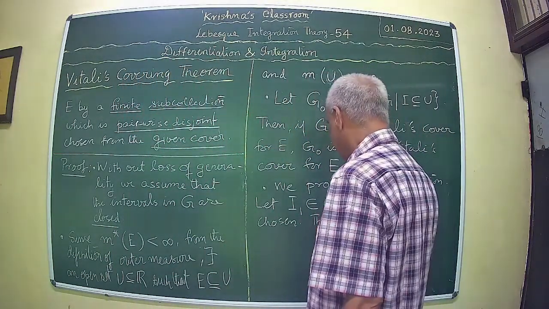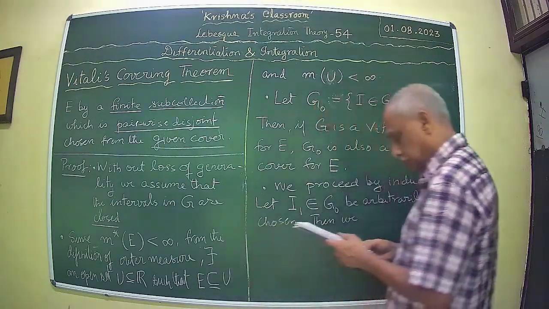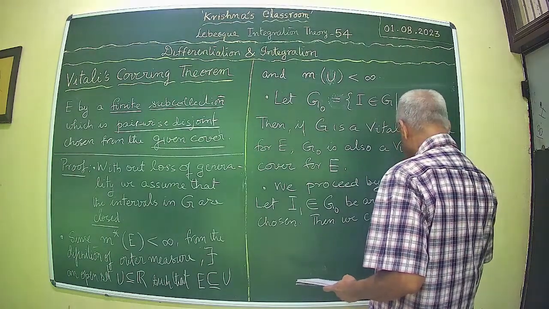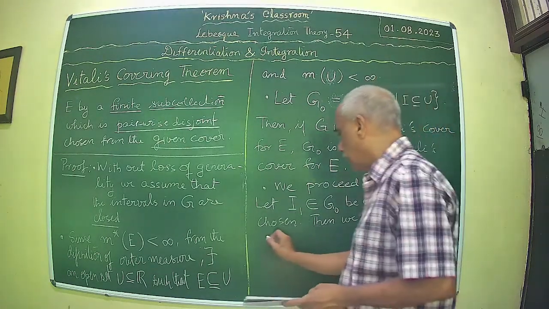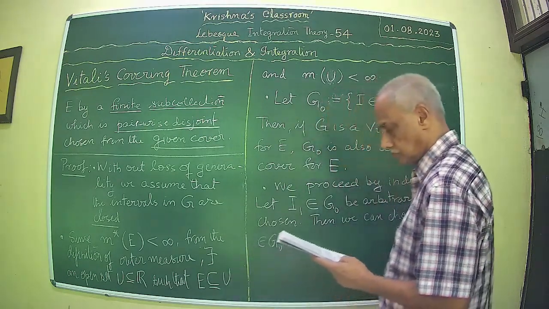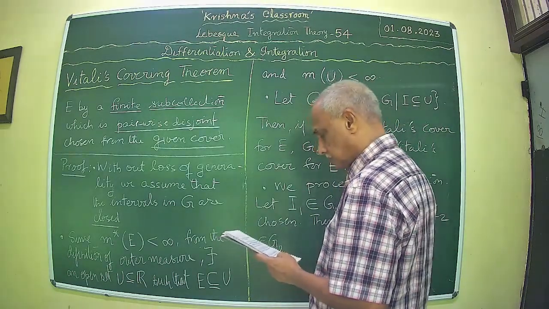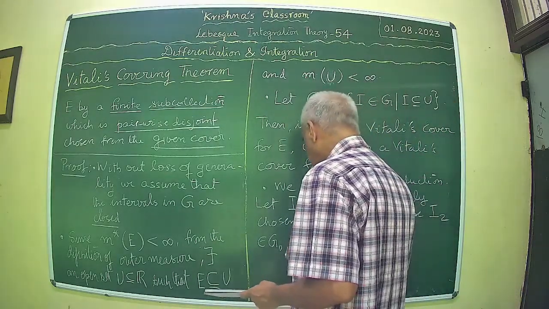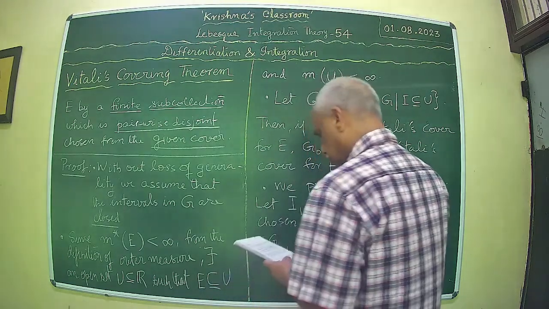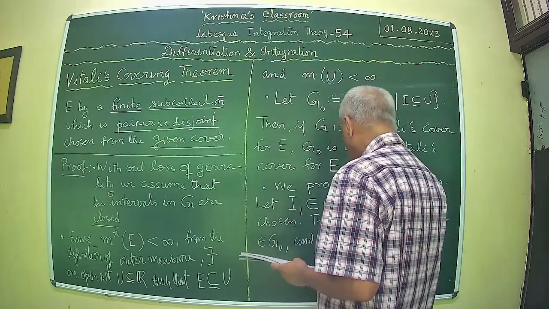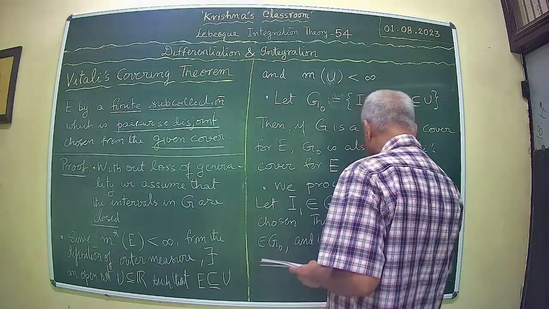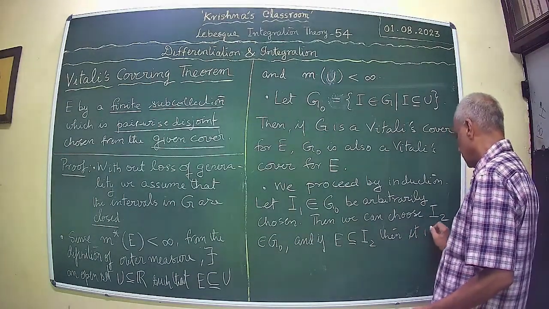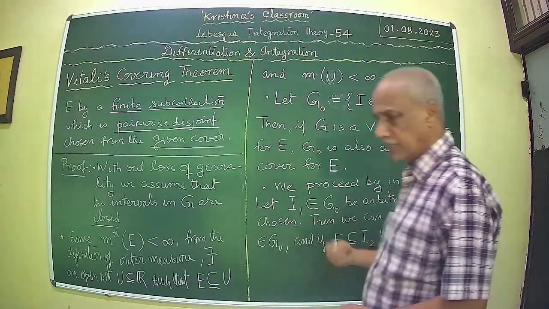Then we can choose I2 belonging to G naught such that... and if E is already contained in I2, then we have chosen a cover.